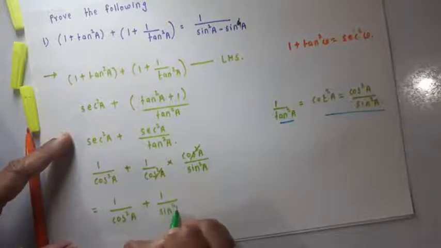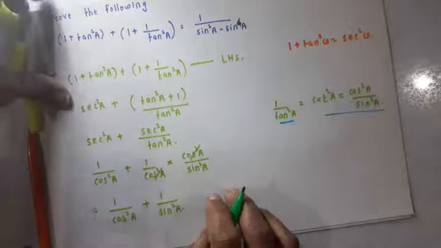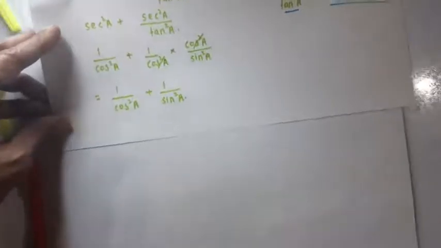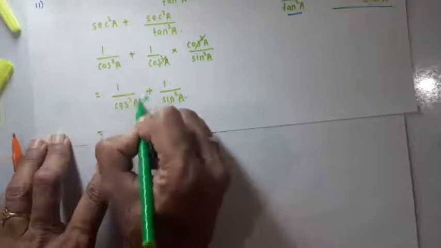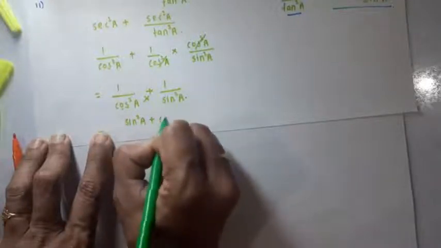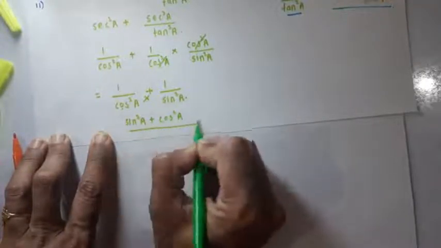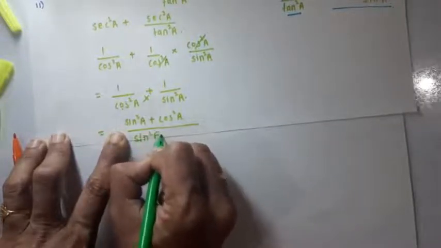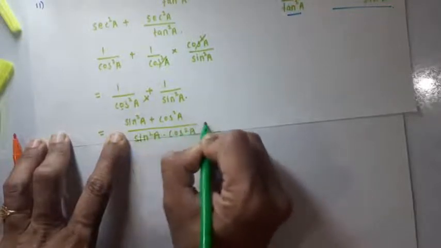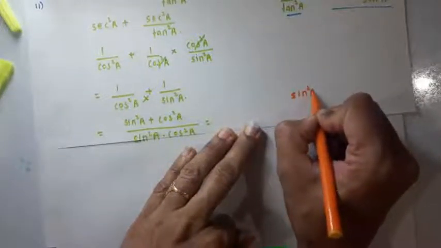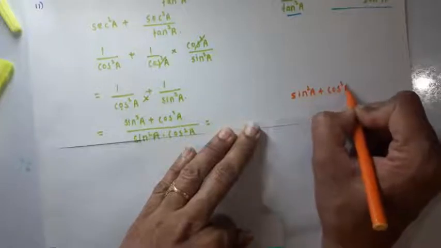So we get 1 upon cos square A plus 1 upon sine square A. Now let us take the LCM. The LCM will be sine square A into cos square A. So by cross multiplication, sine square A plus cos square A upon sine square A into cos square A. And students, we know the basic trigonometric identity, sine square theta plus cos square theta equals 1.